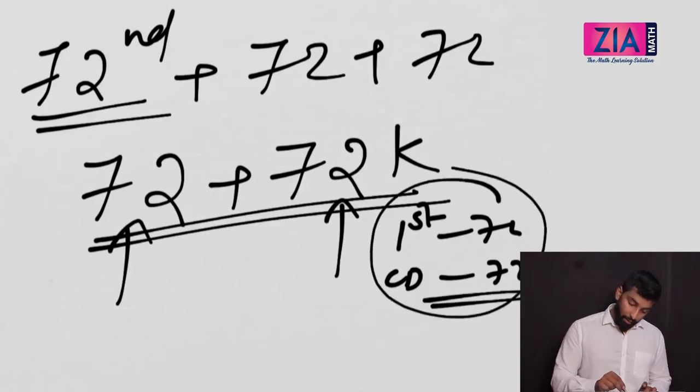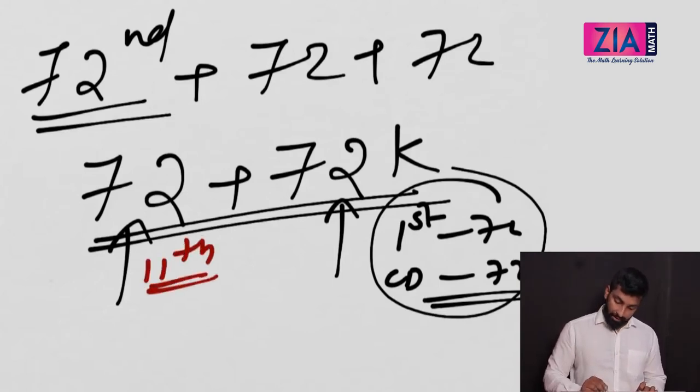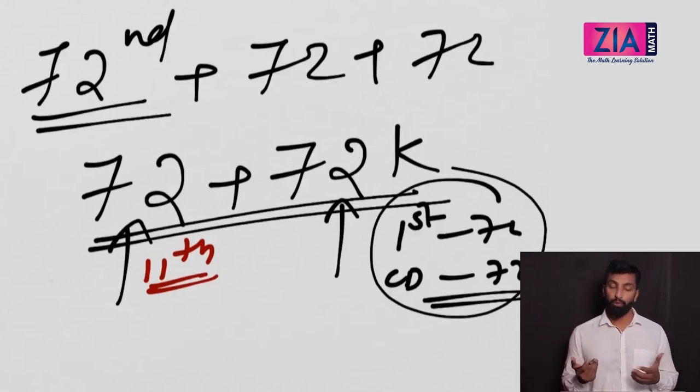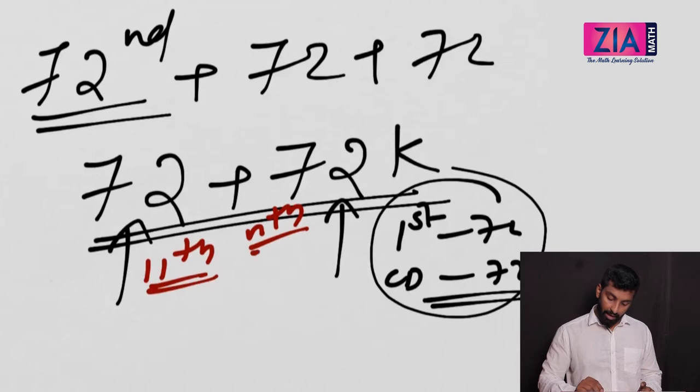Now you got an AP, so any question which can be asked from an AP can be asked here also. They can ask you what is the 11th such possible box, or what will be the number of the 11th such possible box where you get all the three items, right? So you need to find the 11th term, and we know how to find the nth term in an AP: a plus n minus 1 into d.